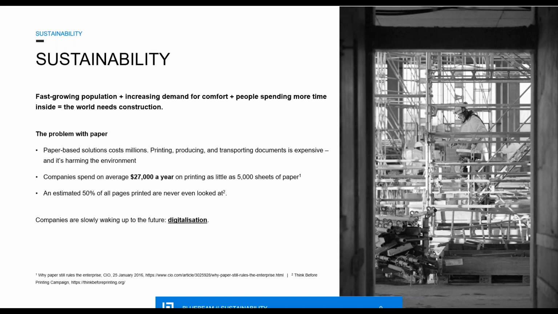Again, some alarming stats here, but on average, a project and customer company is seeing about $27,000, about 25 or so thousand pounds, on printing costs alone, and as little as 5,000 sheets of paper. And when you consider not only the tangible costs of ink and printing, these numbers are astronomical for small businesses.